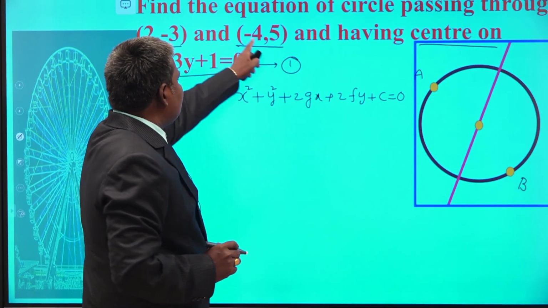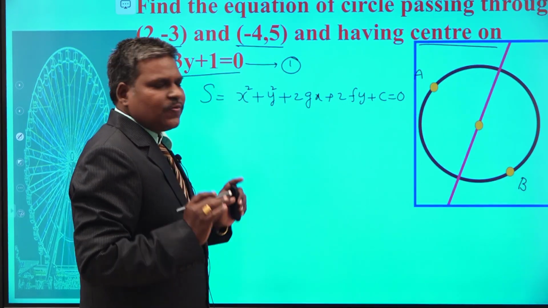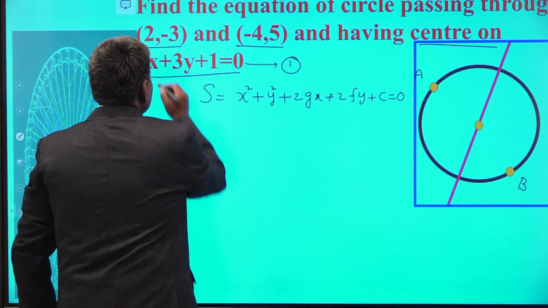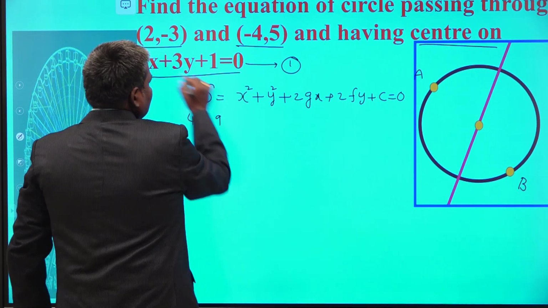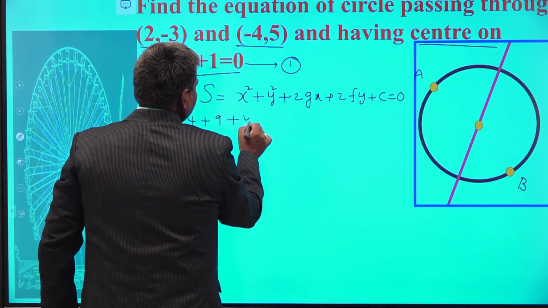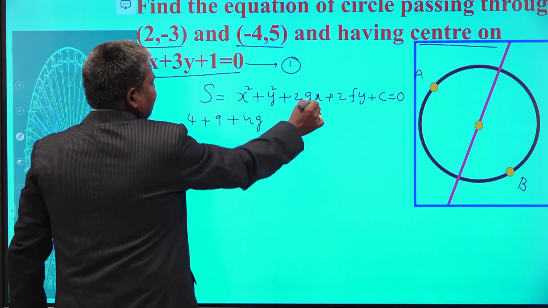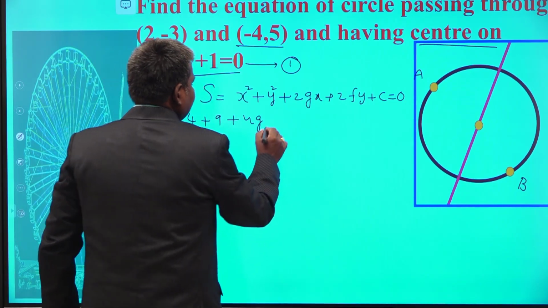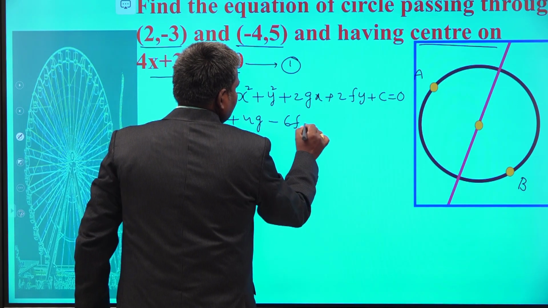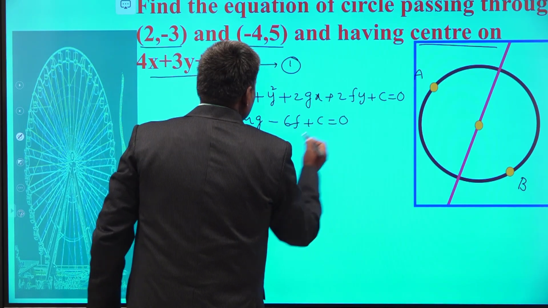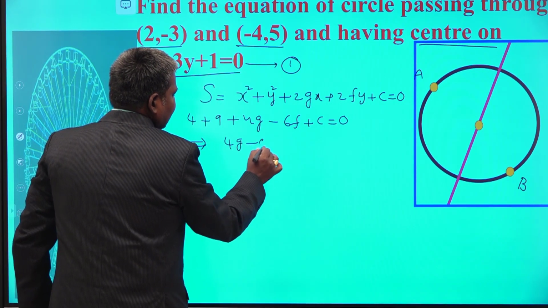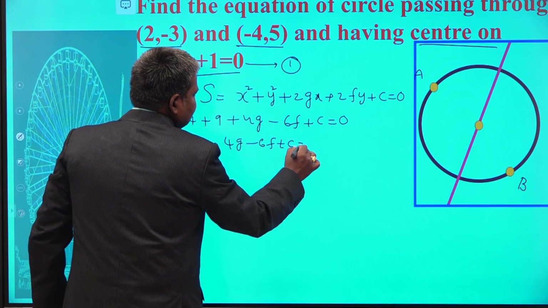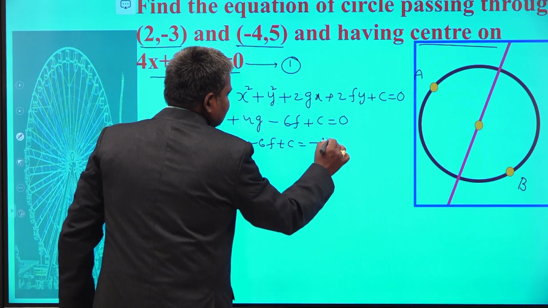So your 2 points lie on the circle, they satisfy this equation. Substitute the first point: 4 plus 9, 2 twos are 4g, next minus 3 into 2, minus 6f, plus c is equal to 0. This implies 4g minus 6f plus c is equal to minus 13.